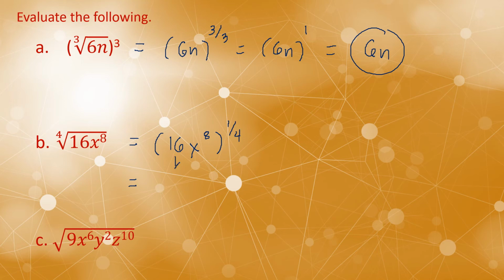Express 16 in exponential form. 16 is the same as 2 raised to the 4th power because 2 times 2 times 2 times 2 is equal to 16. And then we have x raised to the 8th power.